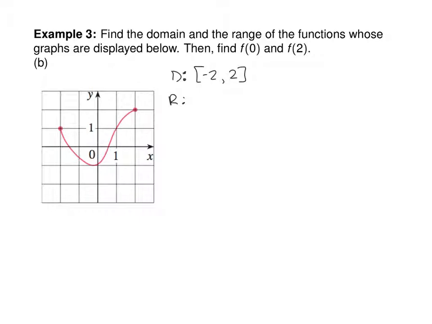Now for the range, what is the lowest y value that occurs? -1 happens right down there. And what is the highest y value that occurs? 2. So what those things do is they just give a list of the plausible values for x and the plausible values for y. Nothing outside of them is possible.